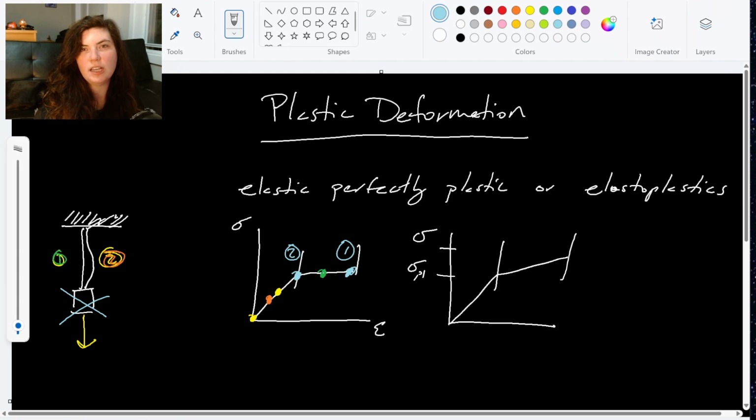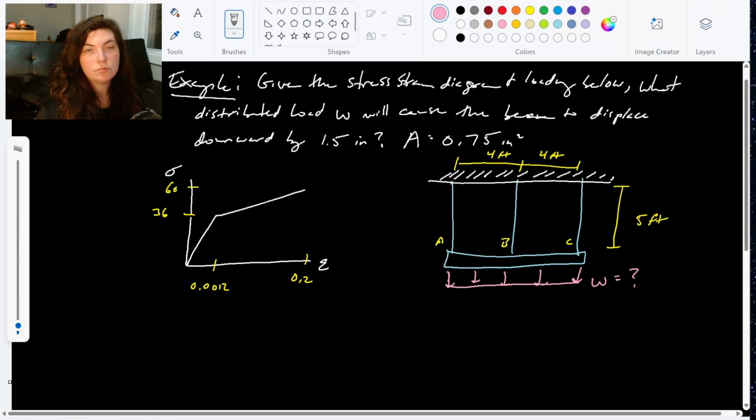We'll look at an example of how we might use this concept. In this example, we're given a stress-strain diagram and a loading diagram, and we want to know what this distributed load W would have to be to make this beam here move down by 1.5 inches.